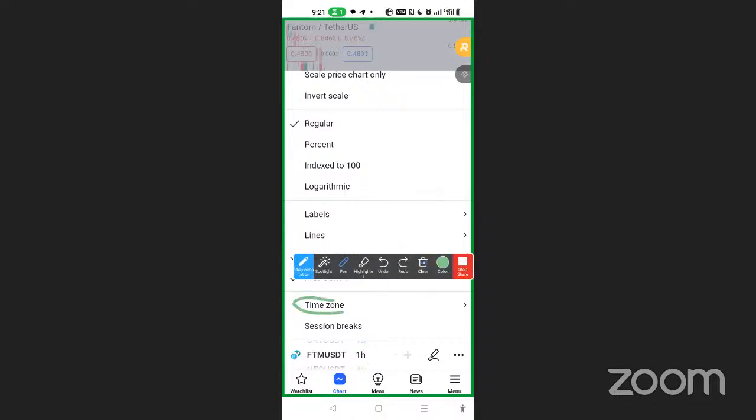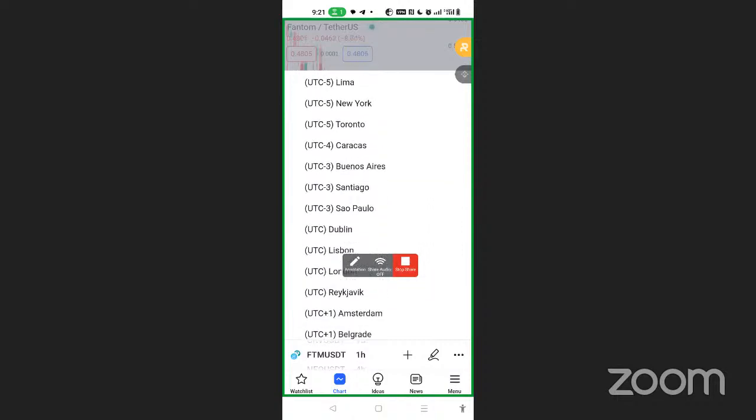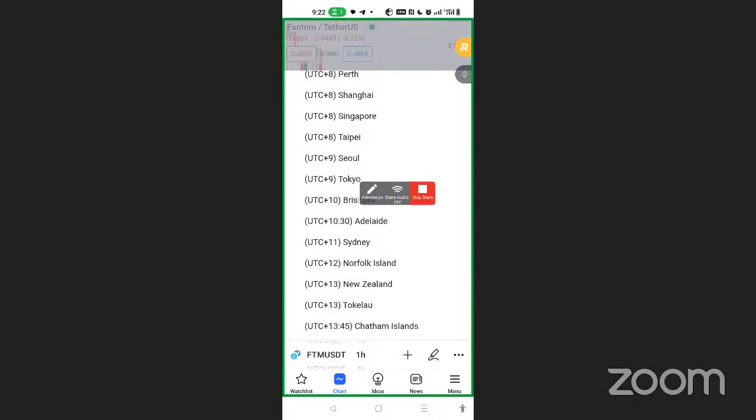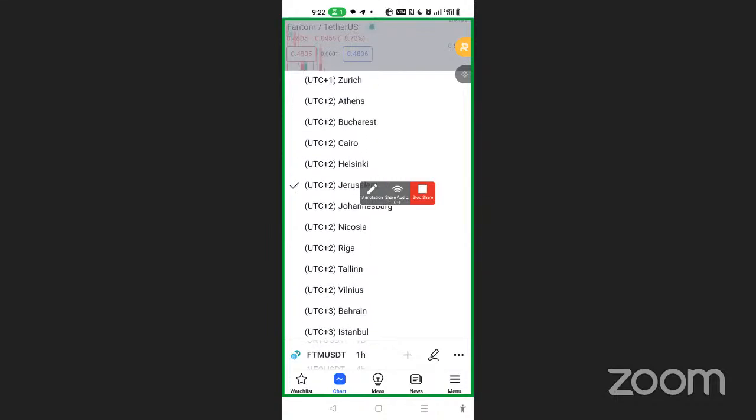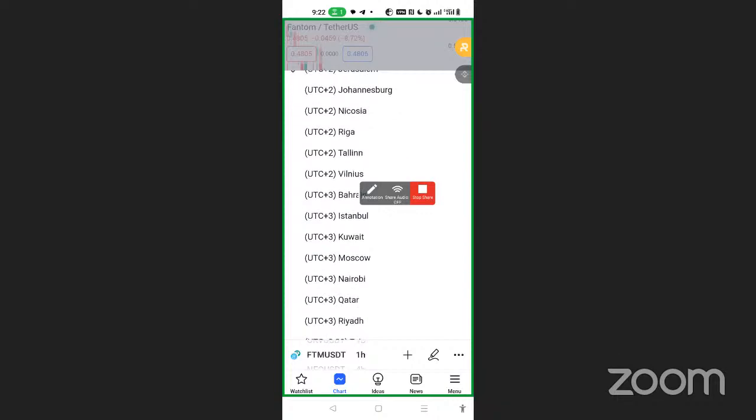All right, okay. Now let's make sure the other thing we shall be able to tap is what we call the time zone. Depending on your area of location and where you come from, you will need to tap on the time zone and be able to choose your UTC time, depending on where you are coming from. If you are not seeing your time zone, just make sure that you are basically, okay.